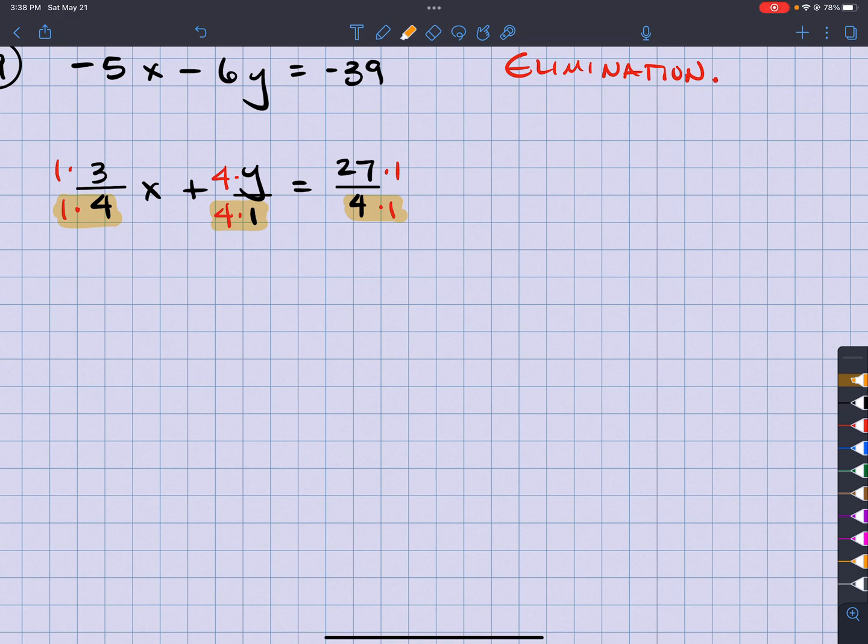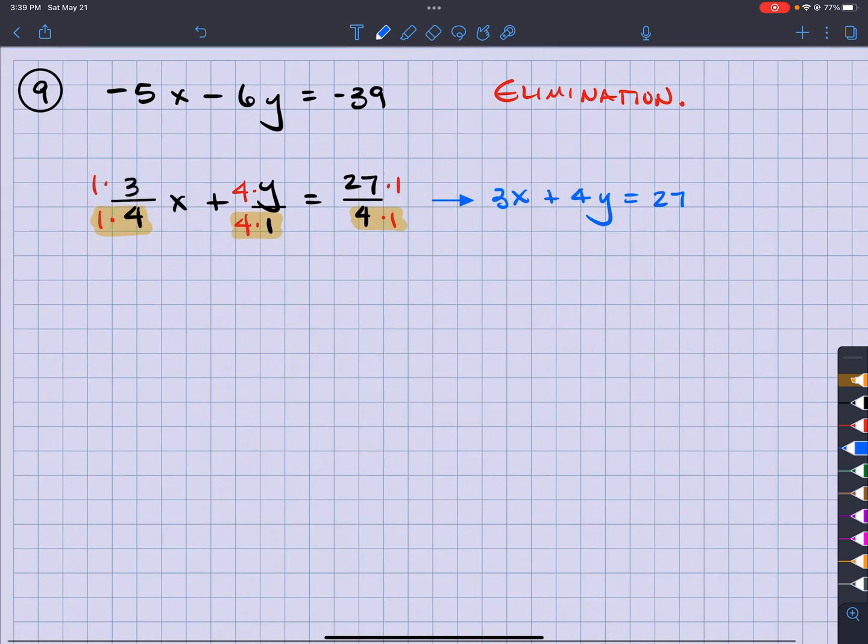So, with that being said, my new equation here is going to be 1 times 3x, so that's going to be 3x plus 4 times y is going to equal 27 times 1, which is 27. So there we go.